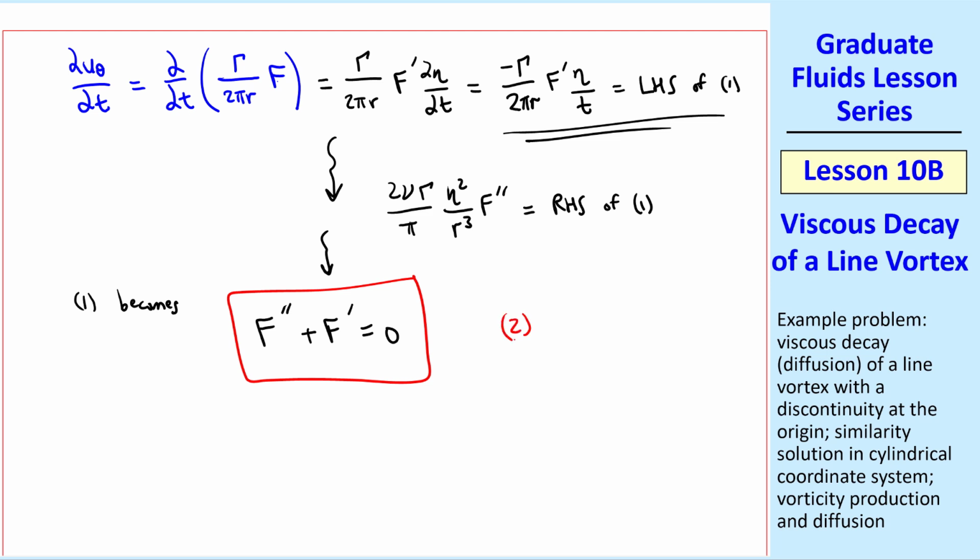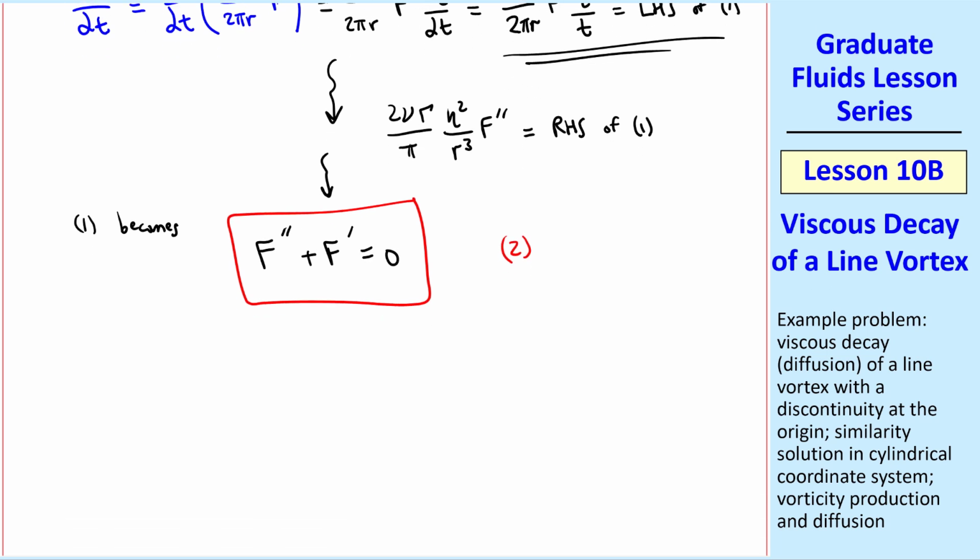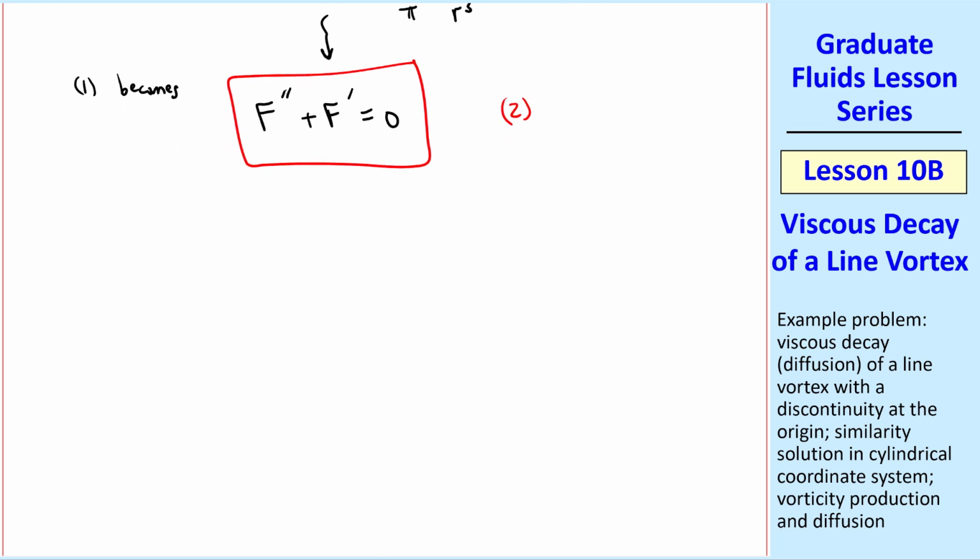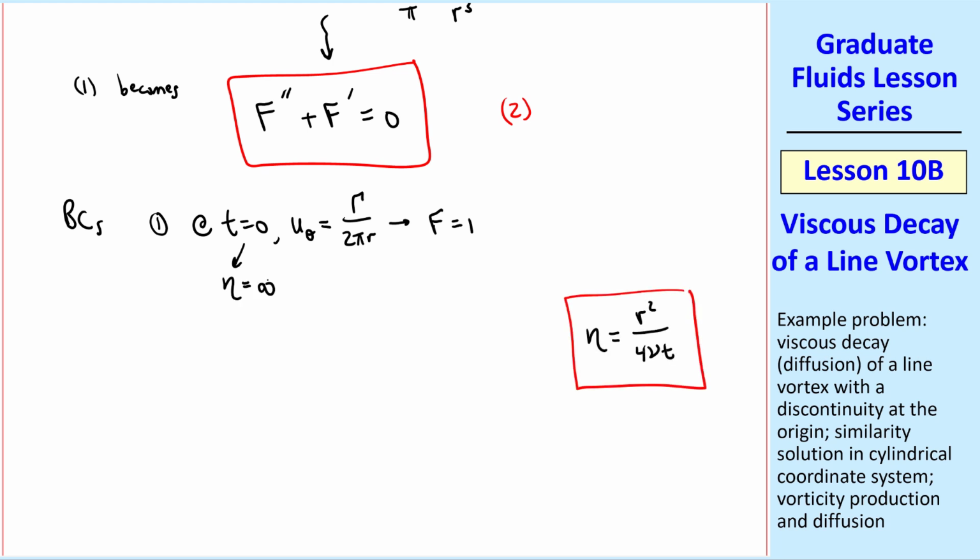So we've achieved similarity in the equation, but recall that we also have to achieve similarity with the boundary conditions. Recall that at t equals 0, u theta is gamma over 2 pi r, which means that f equals 1, and at t equals 0, eta is infinity, since t appears in the denominator. Thus, f of infinity equals 1.